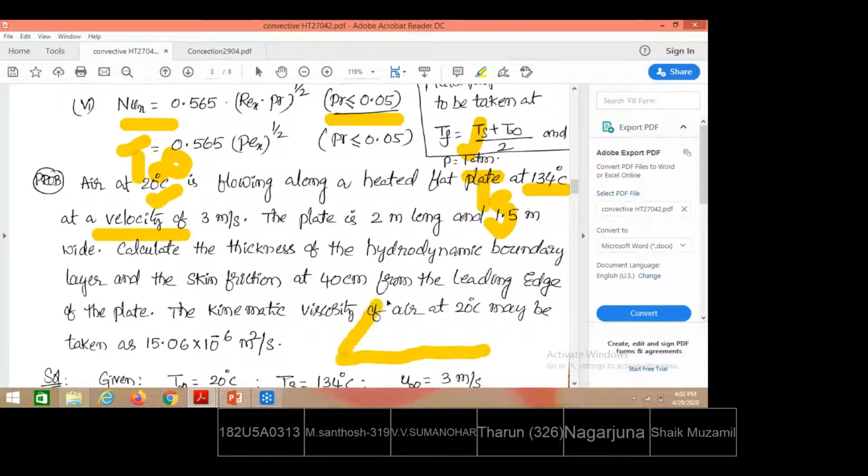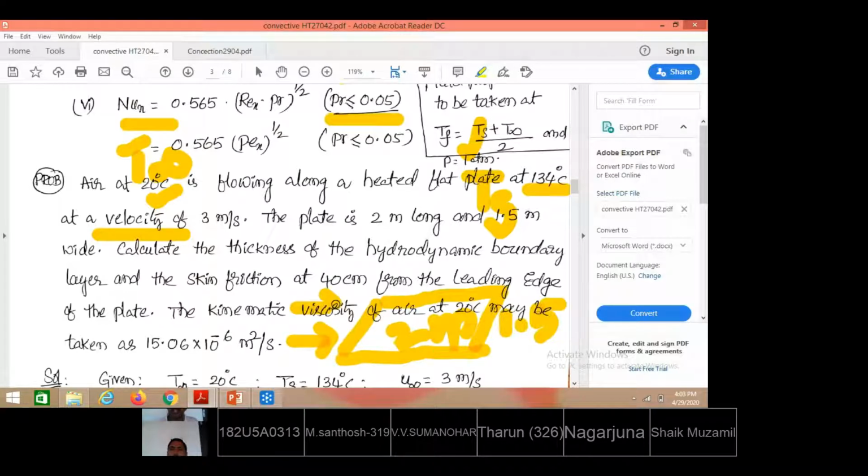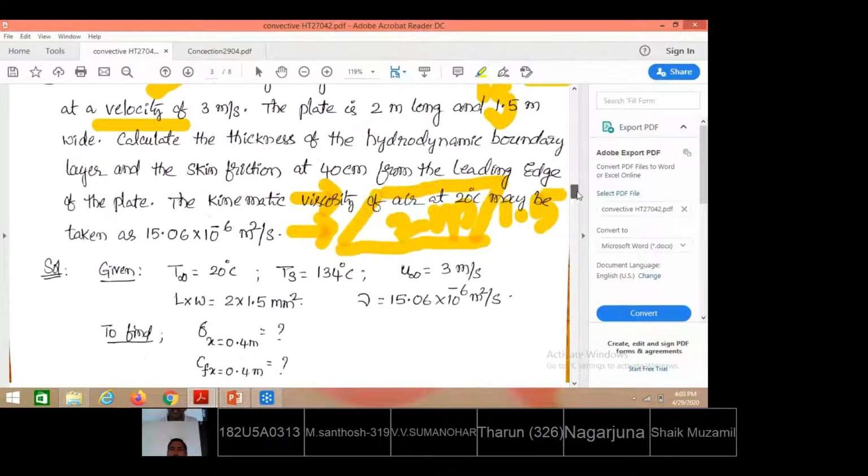This is the case over which the fluid, air, is flowing at a temperature T infinity of 20 degrees centigrade. This is the situation.